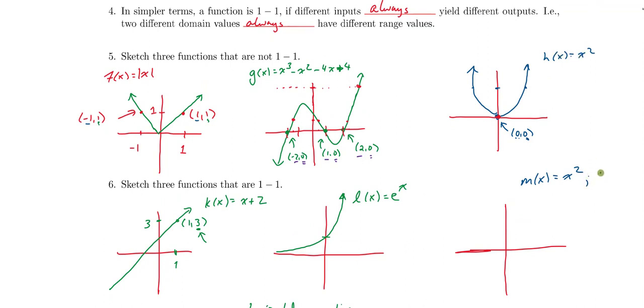What I'm going to do is restrict this to only the part where x is greater than or equal to 0. Because now if I draw the graph of this function with this restricted domain, we see that this graph is now a one-to-one function. That is, it passes the horizontal line test.